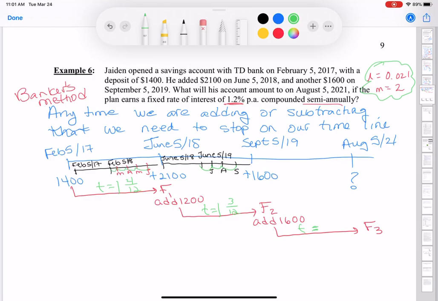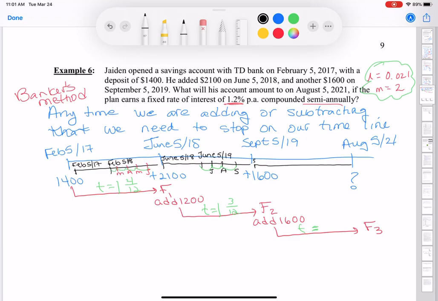And lastly, we can take care of the final timeline from September 5th, 2019. So this one, we can see that August is the month right before.